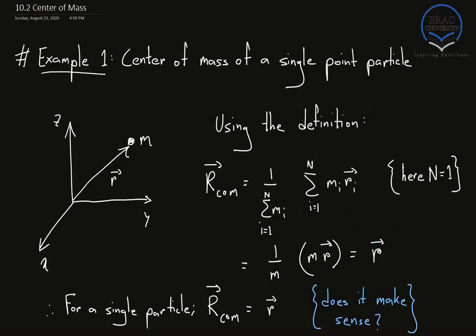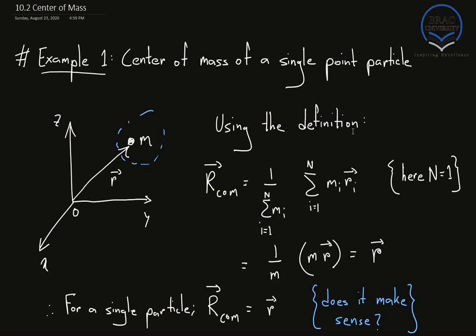Let's look at a few examples. The first one is a very trivial example. Let's try to find the center of mass of a system consisting of a single point particle. So all this system consists of, it's a well-defined closed system, is just a system with a single particle. So you select an origin and you select axes, that is, you select a coordinate system, and you write down the position vector of this particle in this coordinate system as the vector r.